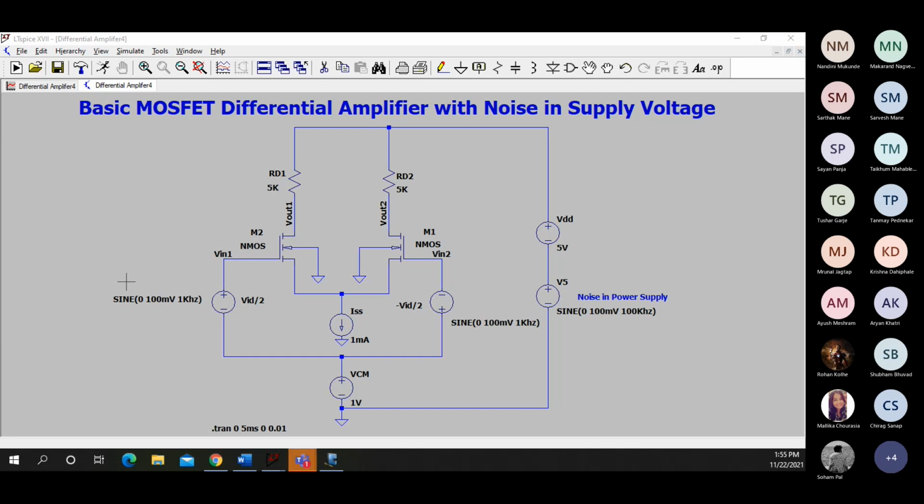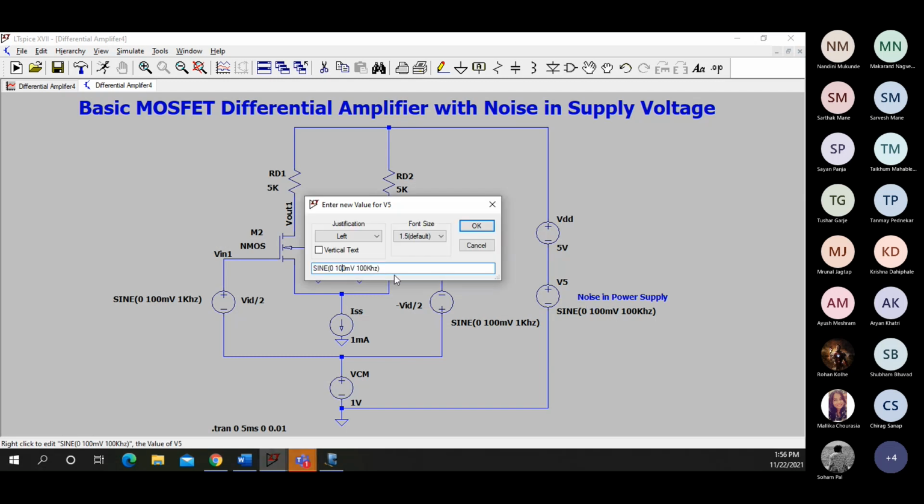Okay, Jose, since you have made the circuit, can you go ahead with the 4 plots? I will just wait here for others. Again, you can see here that this noise, you make it not 100 but 10 millivolts.